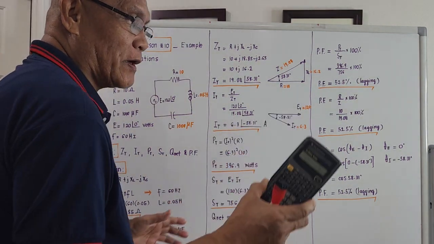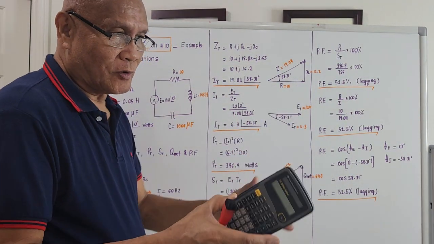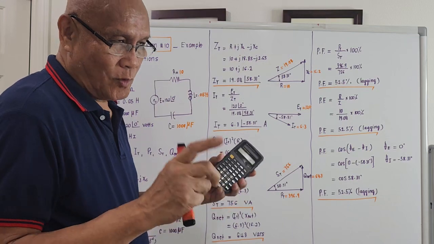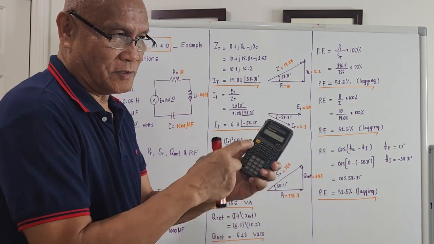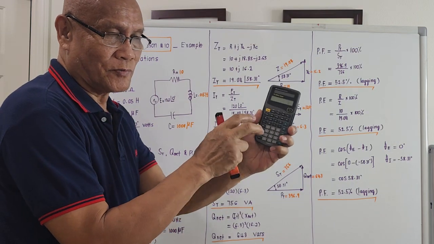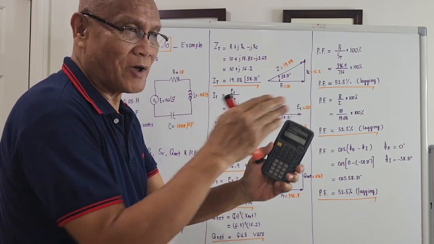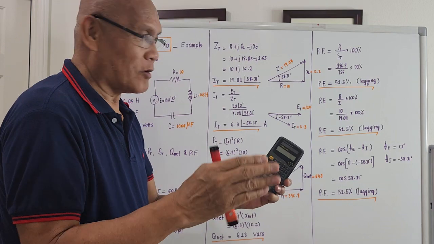It's not so complicated as compared to other calculators, but what we need here is our knowledge of trigonometry plus the sine, cosine, and tangent functions of a scientific calculator, plus some other functions. Okay, let's proceed.